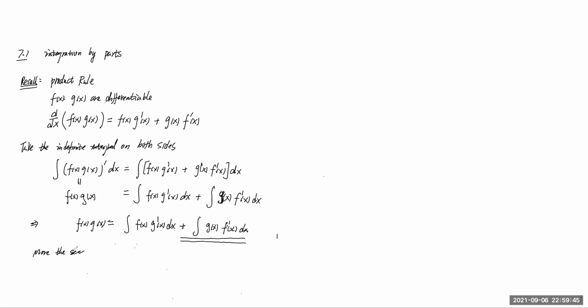And then we get the integral of f(x) g prime(x) dx is f(x) g(x) minus the integral of g(x) f prime(x) dx. We just rewrite this formula in the following form.